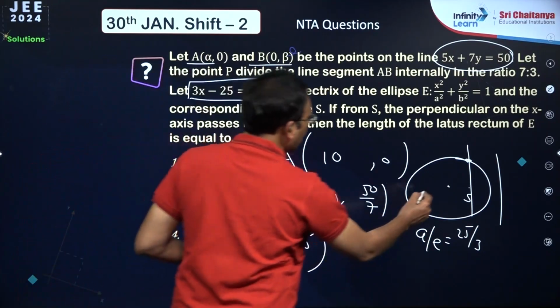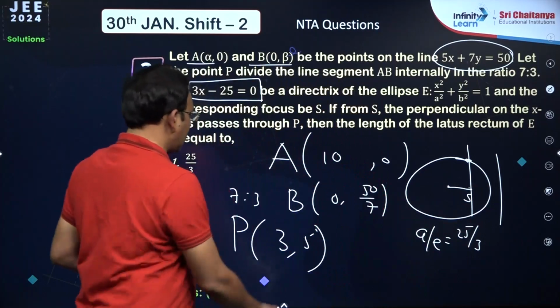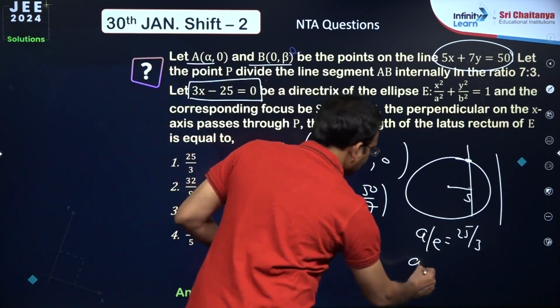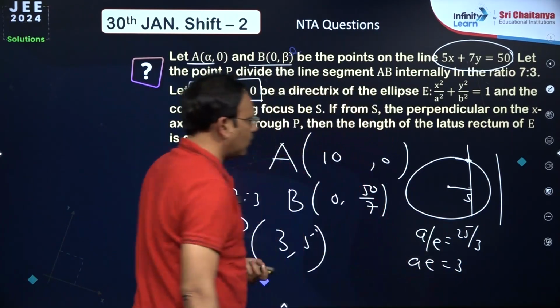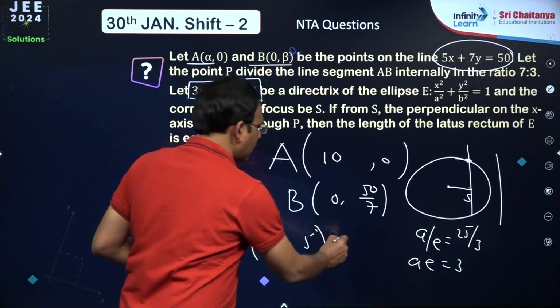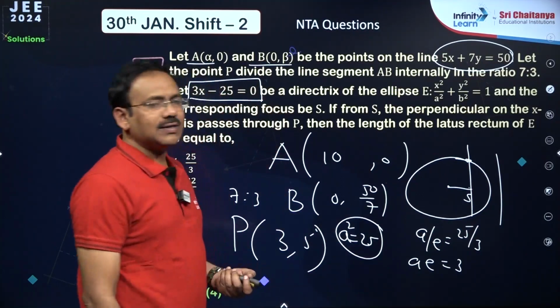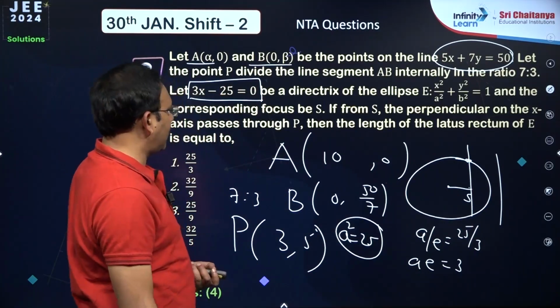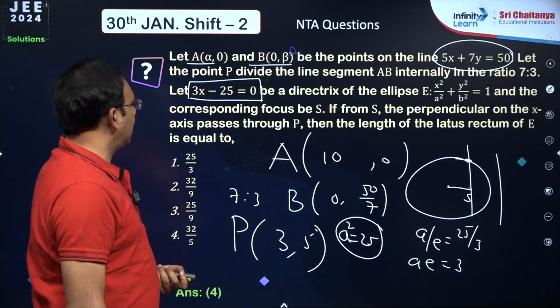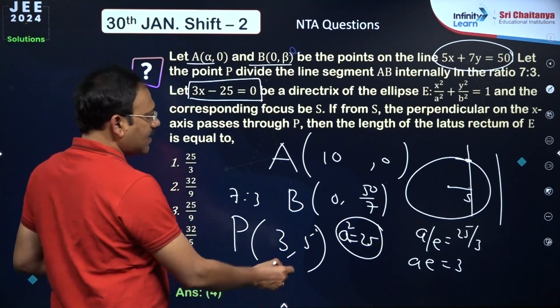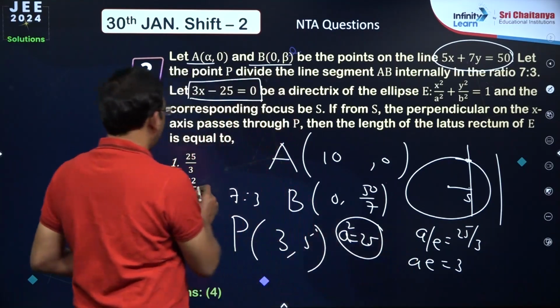So this is going to be ae, my dear friends. ae is going to be the x coordinate. So since it is the focus, ae is equal to 3. The product is going to give you a square value as 25. So you got the value of a as 5, my dear friends. Length of the latus rectum we need to find. Once a is 5, you can also find e, my dear friends.